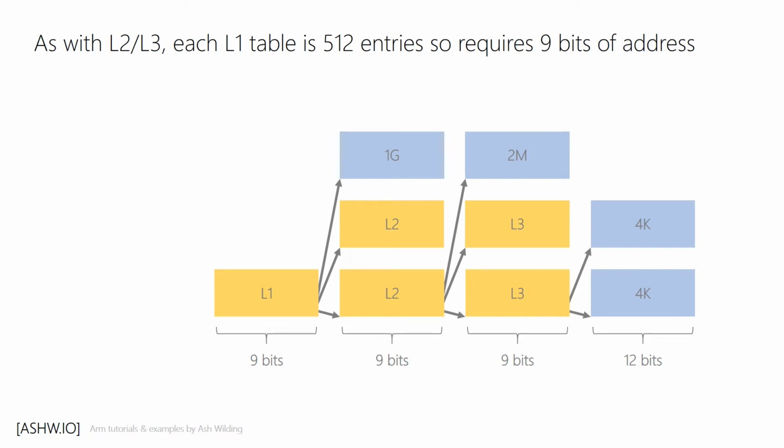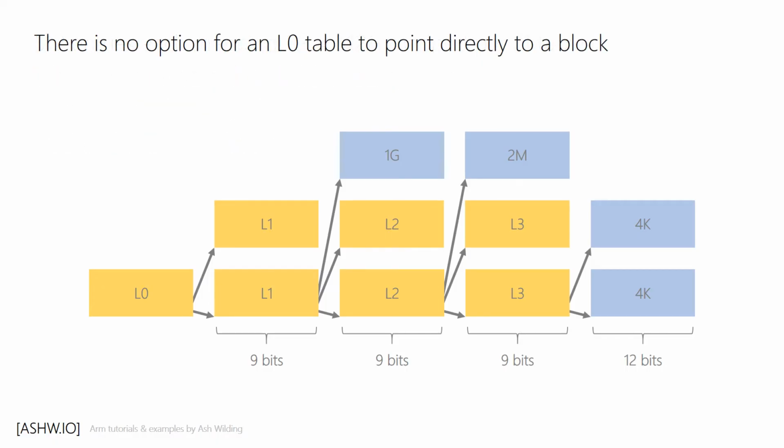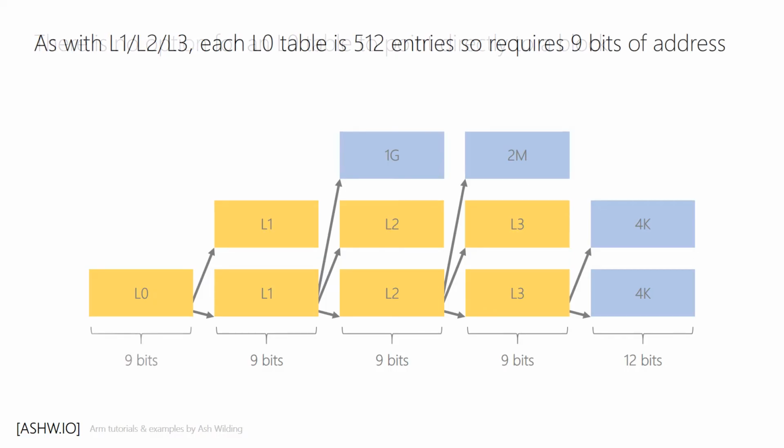As with L2 and L3, each L1 table is 512 entries, so requires 9 bits of our virtual address. 512 entries per table, each mapping 1 gig, means we've got 512 gigs mapped per L1 table. We may have more than 512 gigs in our system, which would require another L1 table and an L0 table to index between them. However, there is no option for an L0 table to point directly to a block.